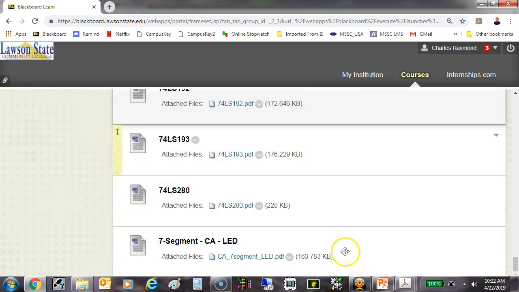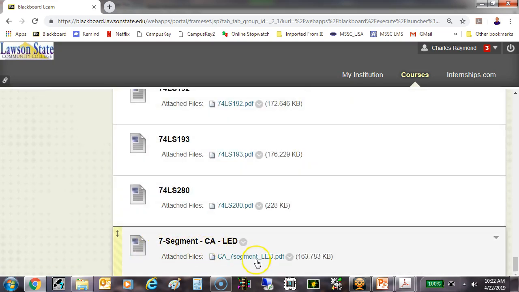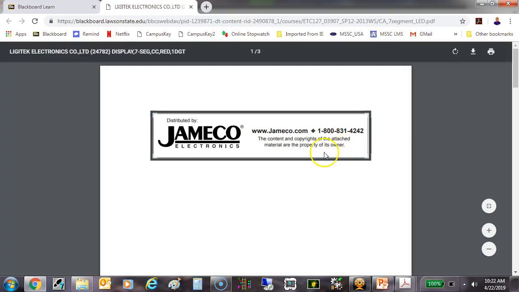That's at the very bottom: 7-segment common anode LED. And we have the common anode because we're using the 7447.